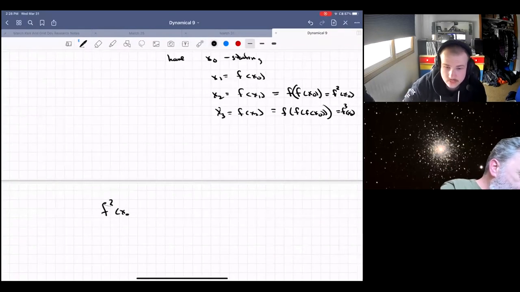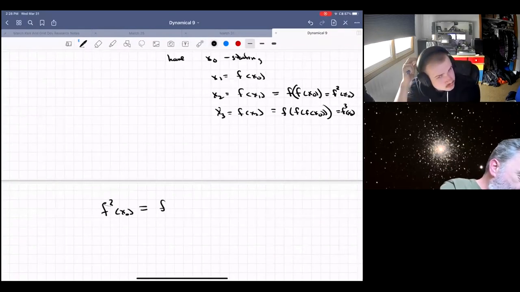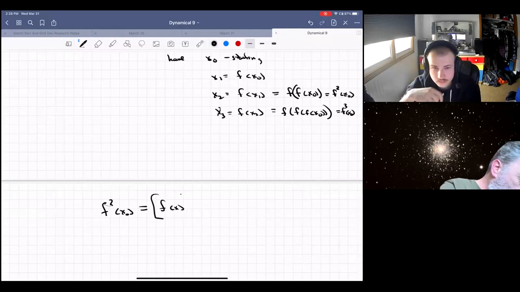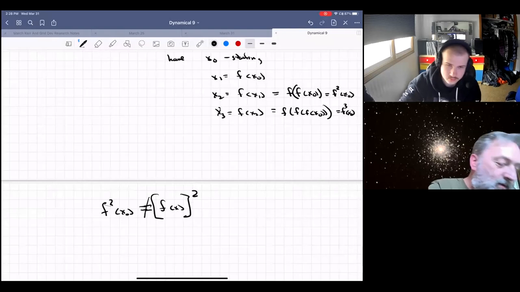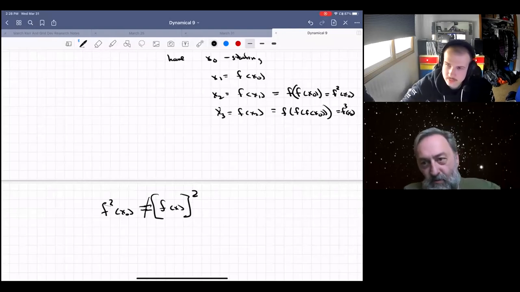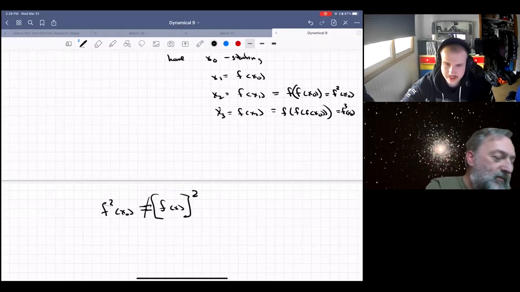f2 of x is not f of x squared. Right. Because it's a composition, not a squaring. Yeah, it's kind of like Newton's notation a little bit.